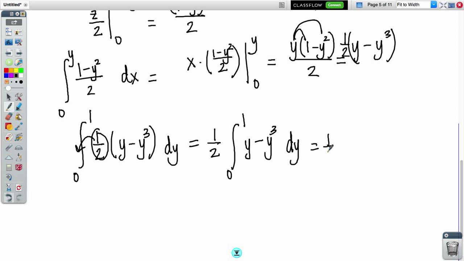So this integrates to y squared over 2 minus y to the 4th over 4, and we're evaluating from 0 to 1.